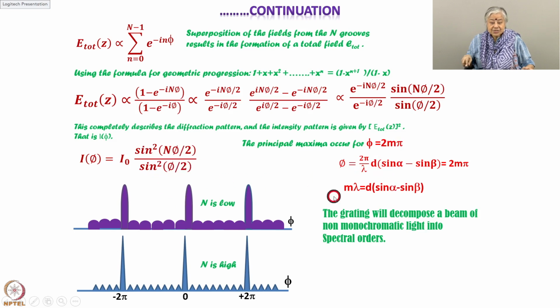And you see here I am putting phi equal to 2 pi by lambda d sine alpha minus sine beta, equal to twice m pi. So I get m lambda equal to d sine alpha minus sine beta, and this looks very familiar. It is the main grating equation. And the pattern that you will see looks something like this.